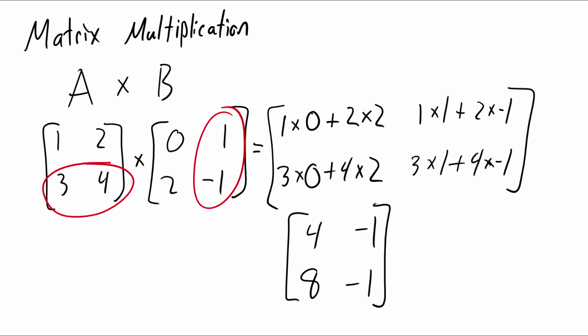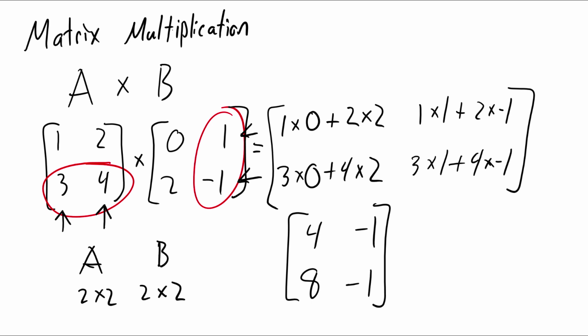All right, so what did we do here? Well, we multiplied the rows of A times the columns of B. So to do that, we needed the same number of elements in each of those things, meaning we needed the same number of elements in A's row as we needed elements in B's columns. So A was a 2 by 2 matrix, B was a 2 by 2 matrix.